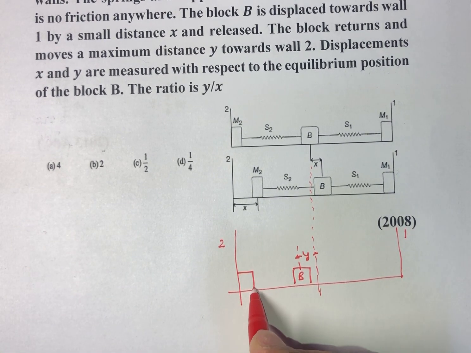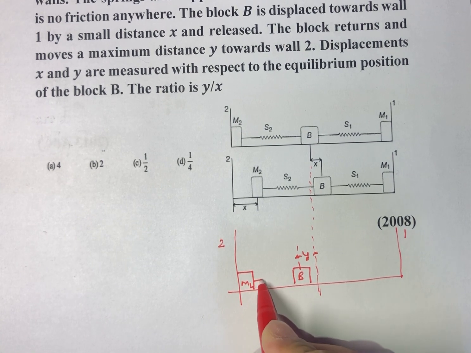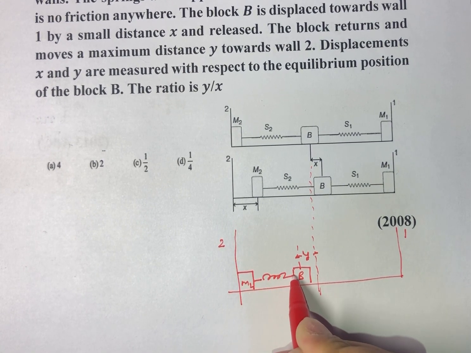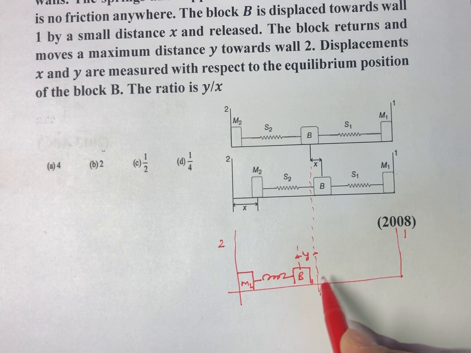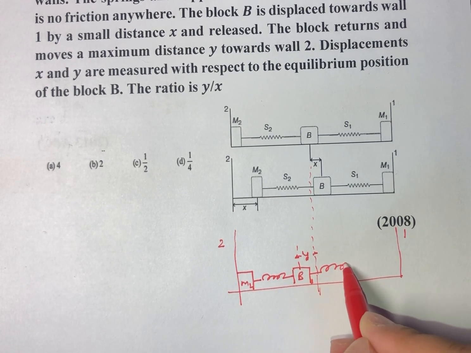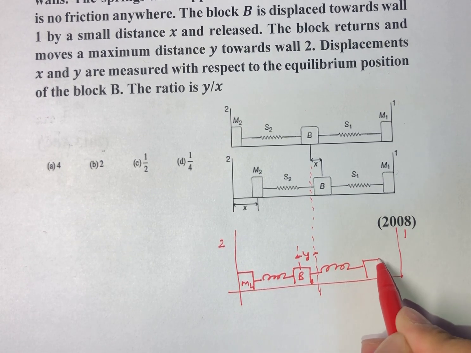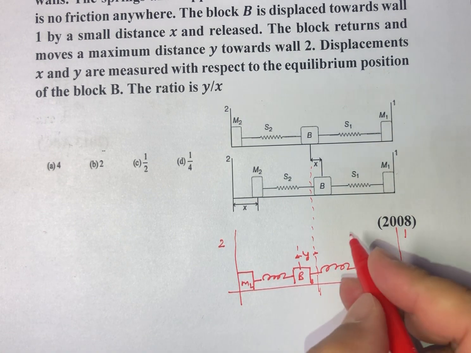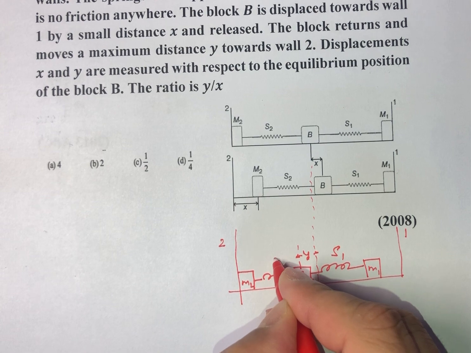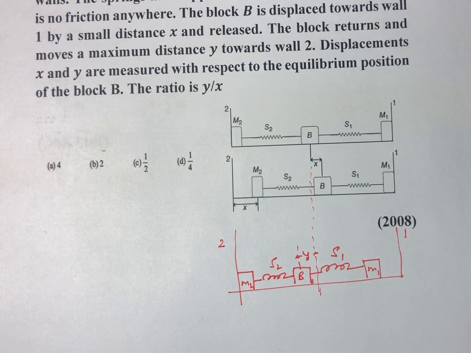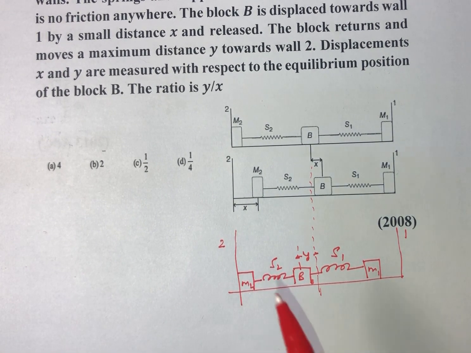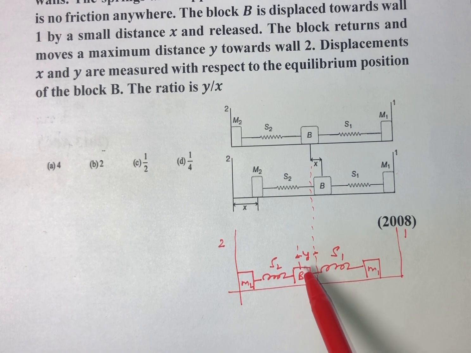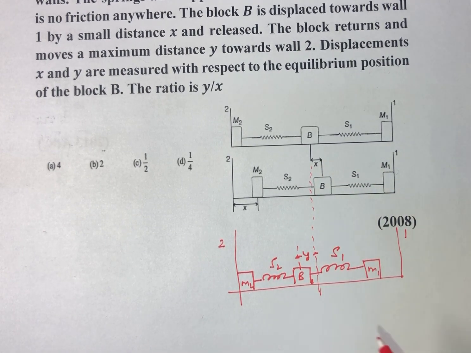This will be our M2 spring, and this will be S1, and this will be our M1. So this is spring S1 and this is spring S2. So we have to find out the ratio of y to x.